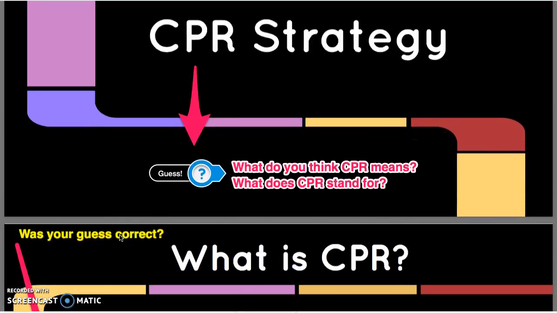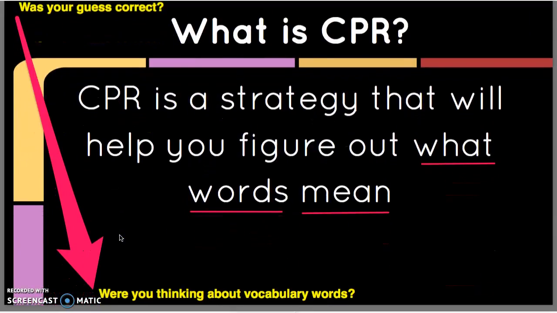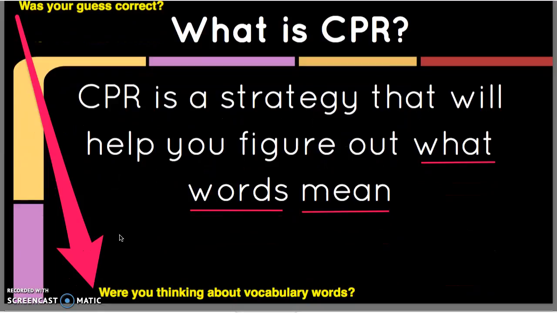All right, let's see if you were correct or at least on track. The CPR strategy is something that will help you figure out what words mean. When you were thinking about this strategy, CPR, were you thinking about vocabulary words or unknown words? If you were, nice job.